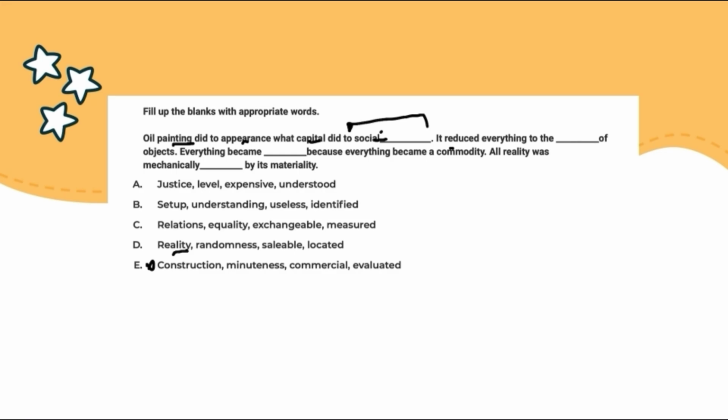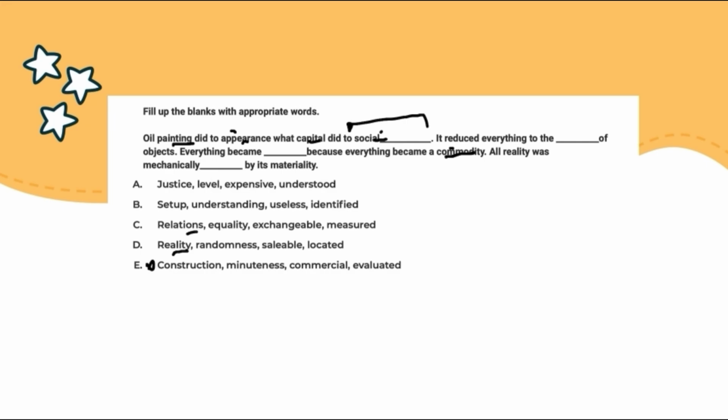Based on this, all of these options might come in handy. However, relations seem to form the best complex. However, let's move on. Now, look at this sentence. It says everything became dash because everything became a commodity. So, everything became a commodity. So, yet again, this also conforms to this.